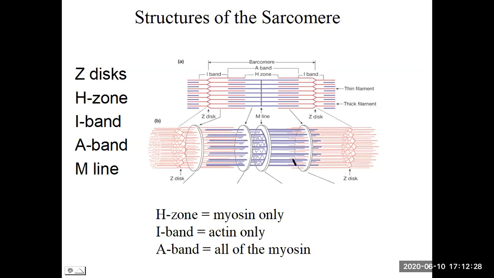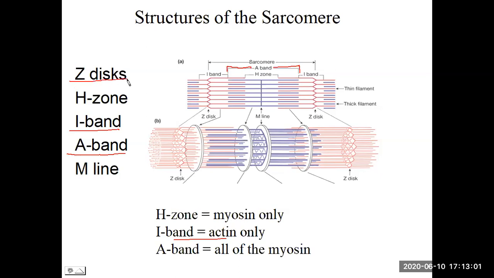And we'll take a look at each of those. The thick filaments, again, the full span of the thick filament, that's located here in the A band that we covered earlier. Overlapping adjacent sarcomeres, that's the area of the I band. That's where we only have thin filament present.